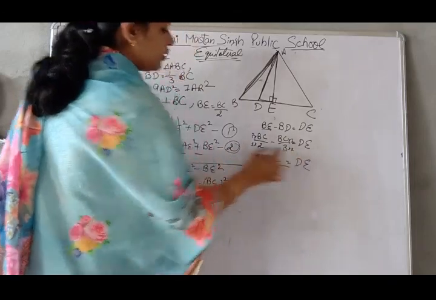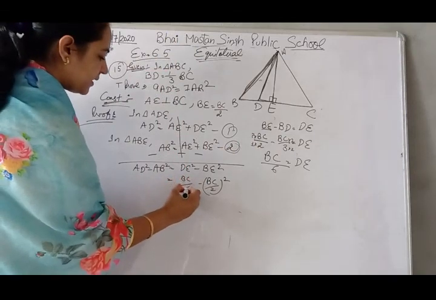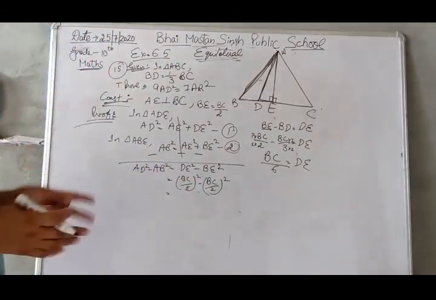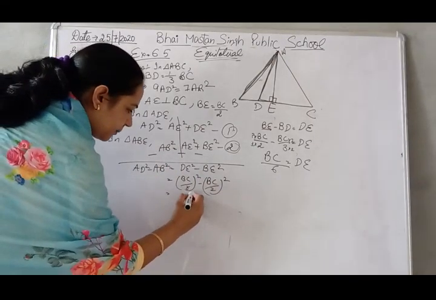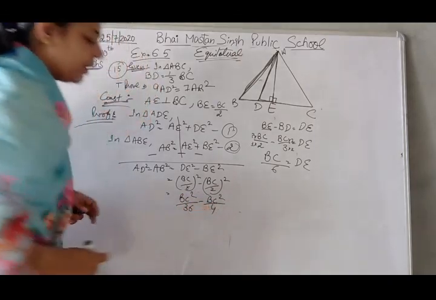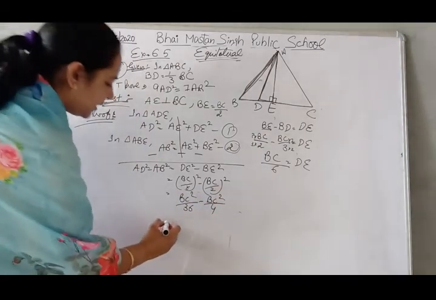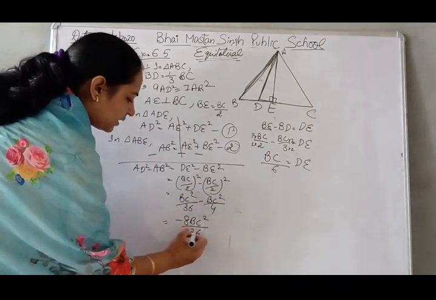So DE value is BC by 6. I will put here BC by 6 square. When I solve all the terms, I got BC square by 36 minus BC square by 4. By cross multiplication by base same, I got answer by subtracting minus 8 BC square by 36.